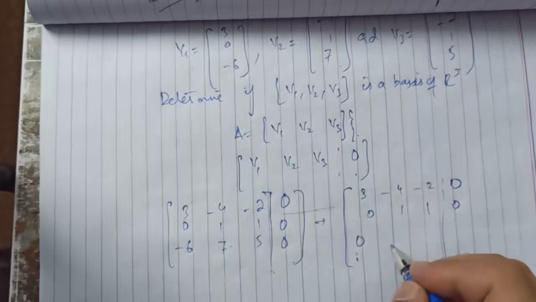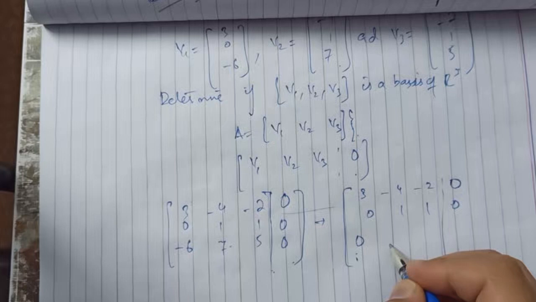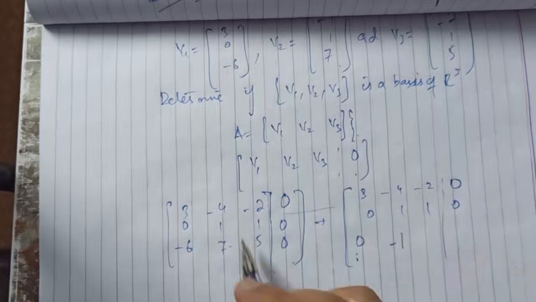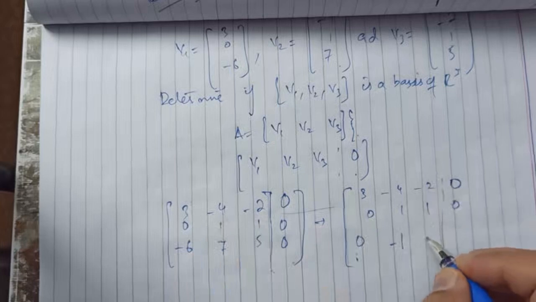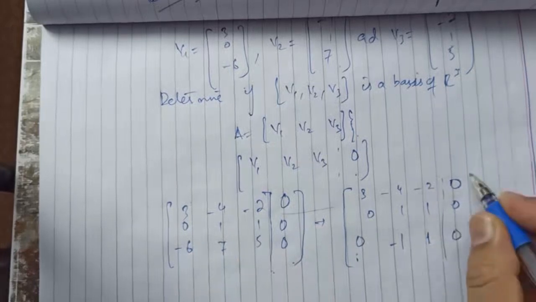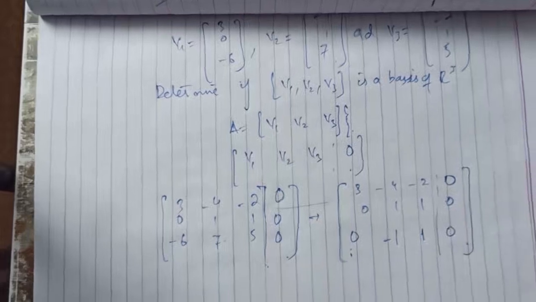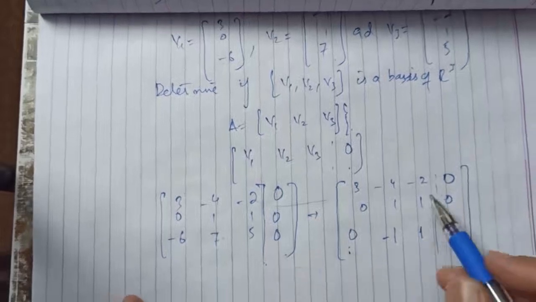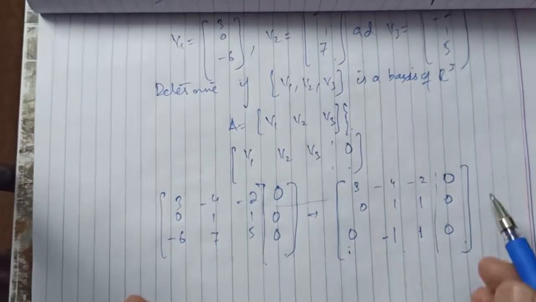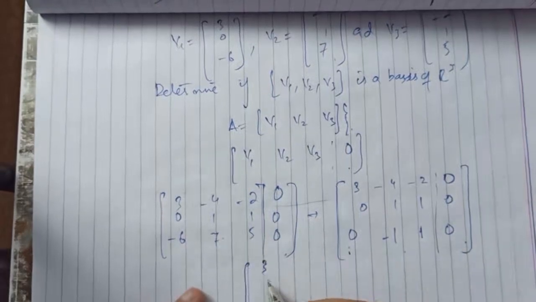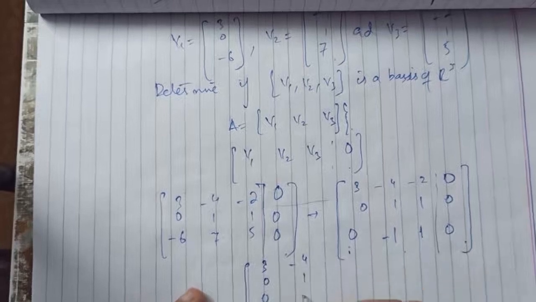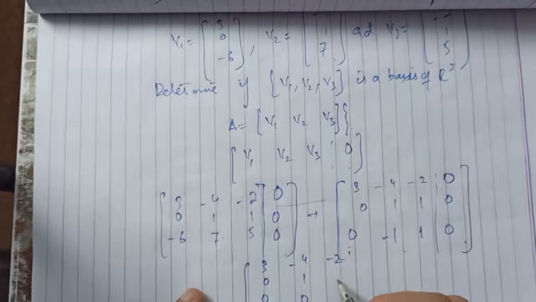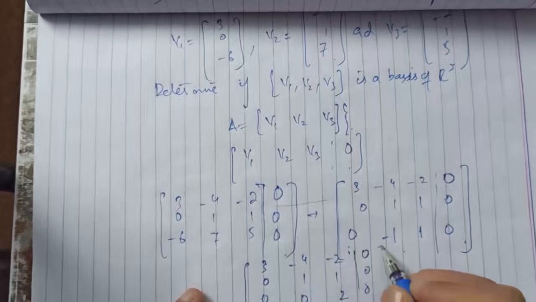So that becomes -7 - 1, and -4 + 5 becomes 1, and that becomes 0 again here, right? In the third step, we add this with this one here. So 3 0 0 and -4, when I add this here, it becomes 1 0 -2 1 2, and this is 0 0 0, right?